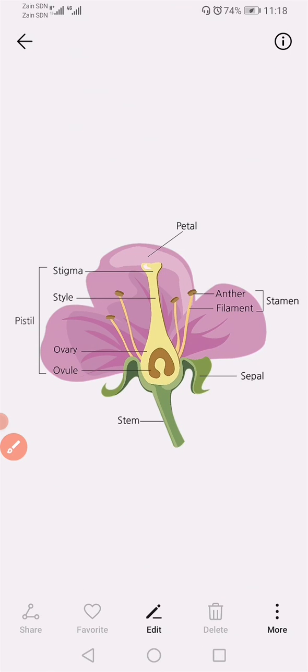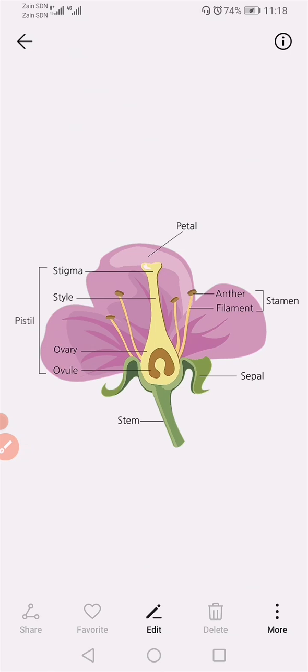Okay. This is step 1 in the reproduction of flowering plants, pollination. After pollination takes place, what will happen?